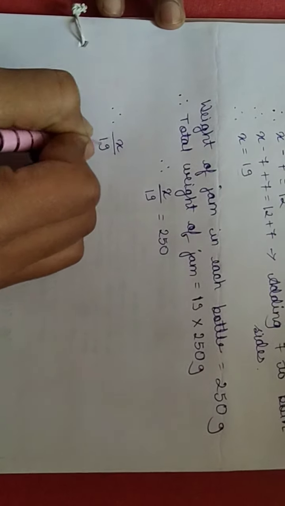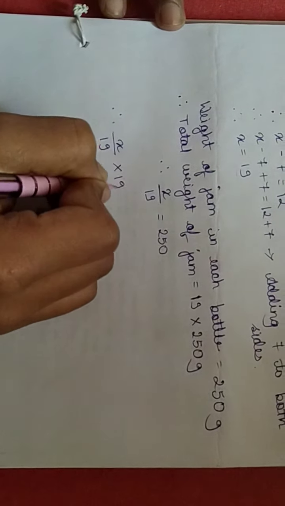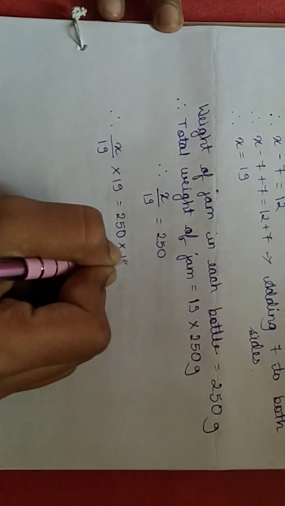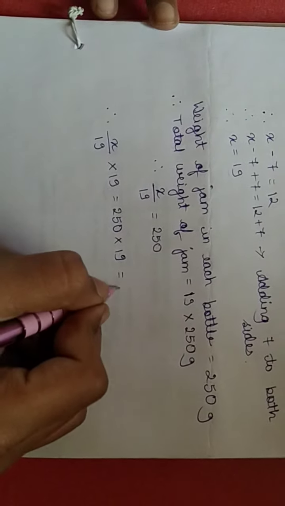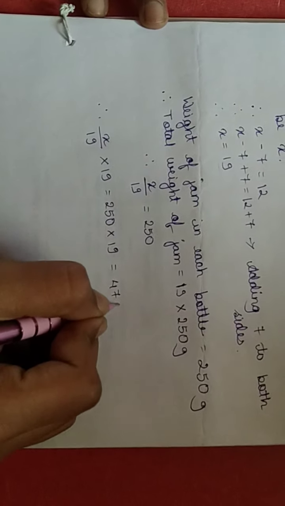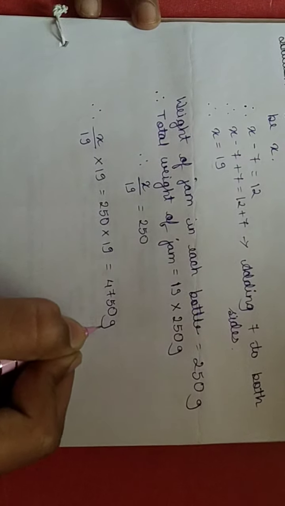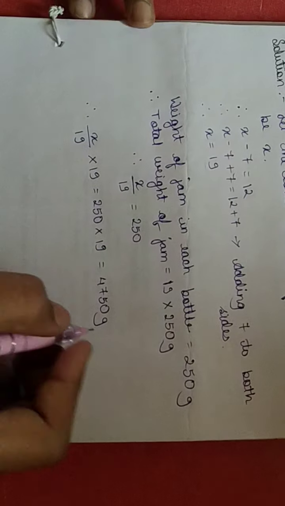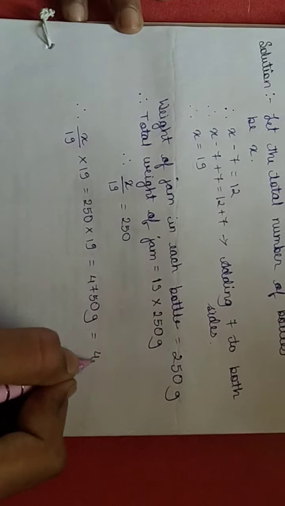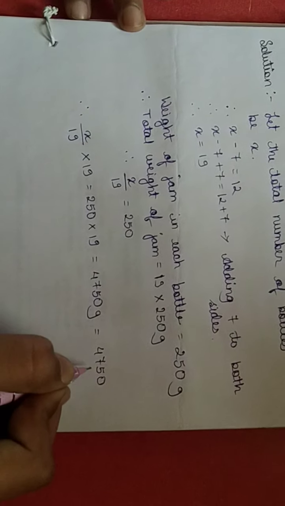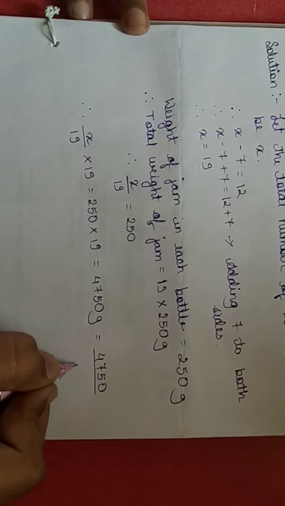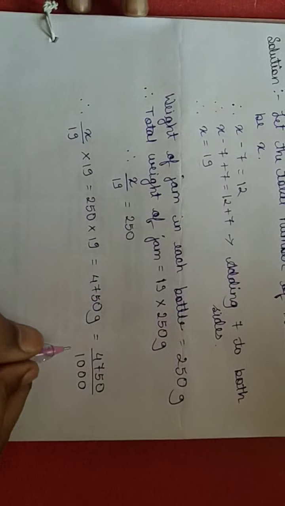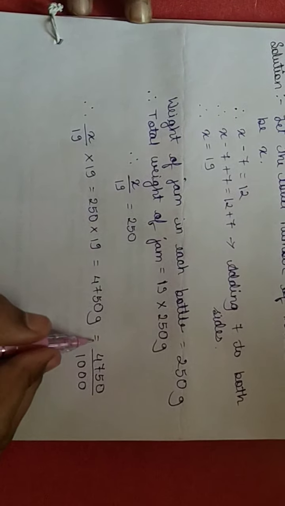x upon 19 into 19 is equal to 250 into 19, is equal to 4750 gram. When you multiply this, you will get this answer. Is equal to 4750 upon 1000, because we have to write this in kg form.